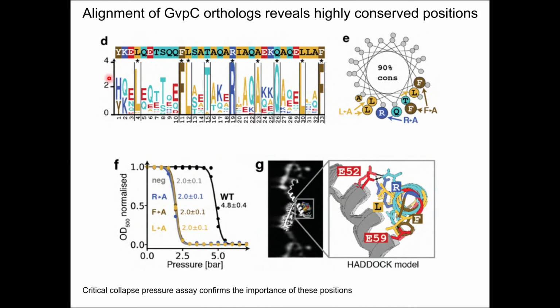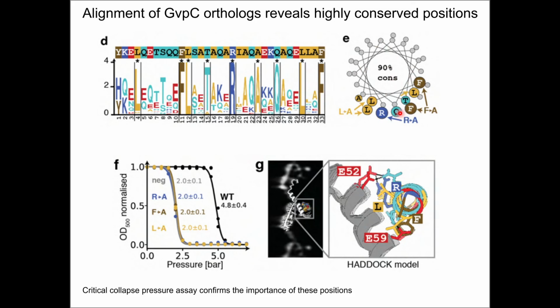They did an alignment of a bunch of different species of organisms which have this GVPC accessory protein, aligned that helical repeat, and found that there's a number of completely conserved amino acids, which they assume are the ones making contact with the gas vesicle protein. So they present this kind of helical wheel structure, and a number of these completely conserved amino acids are on one face of the helix.